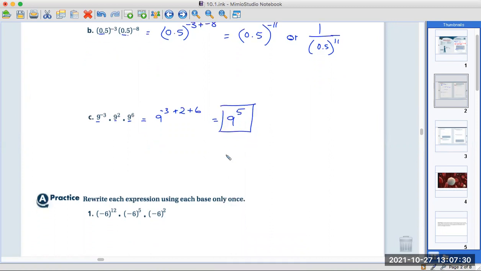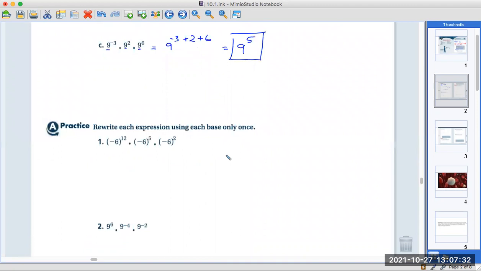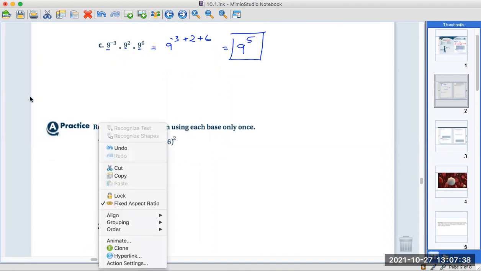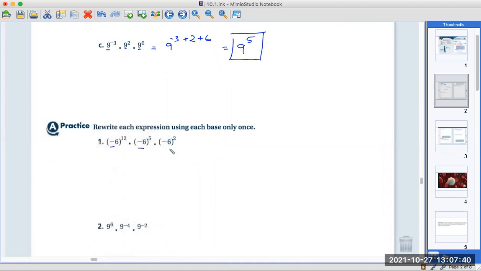Okay, add the exponents, using the base only once. We're going to do these two on the bottom here. So I check the base. Yes, it's the same. Yes, same base, add exponents.